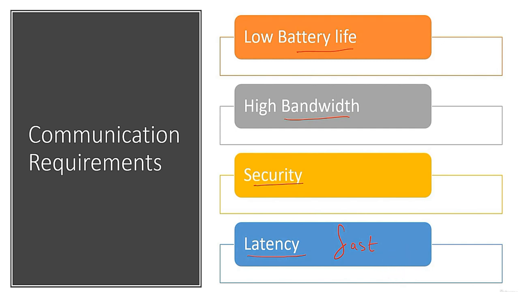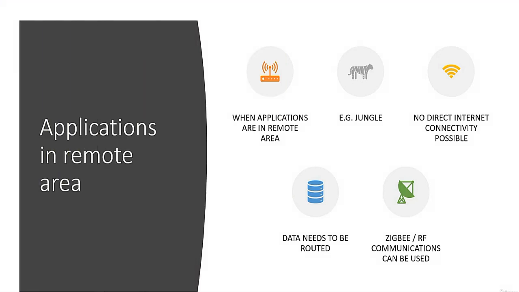Now, depending upon these communication requirements, you can choose the communication protocol as well as the server where you are going to send the data. Now, let's consider some applications in remote areas. For example, there is a classic example which I had worked on, that was in a jungle.